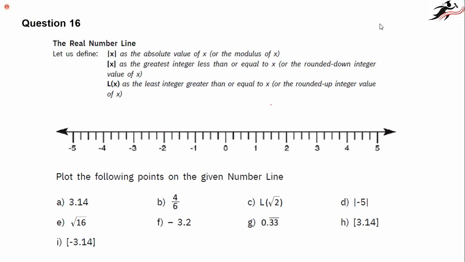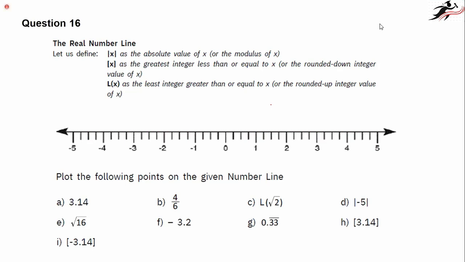Plot the following points. But what I'll do is I'll not actually plot the points, I'll just calculate them. So 3.14 is 3.14. 4 by 6 is 0.66. What will be the least integer of root 2? Yes, it will be 2.